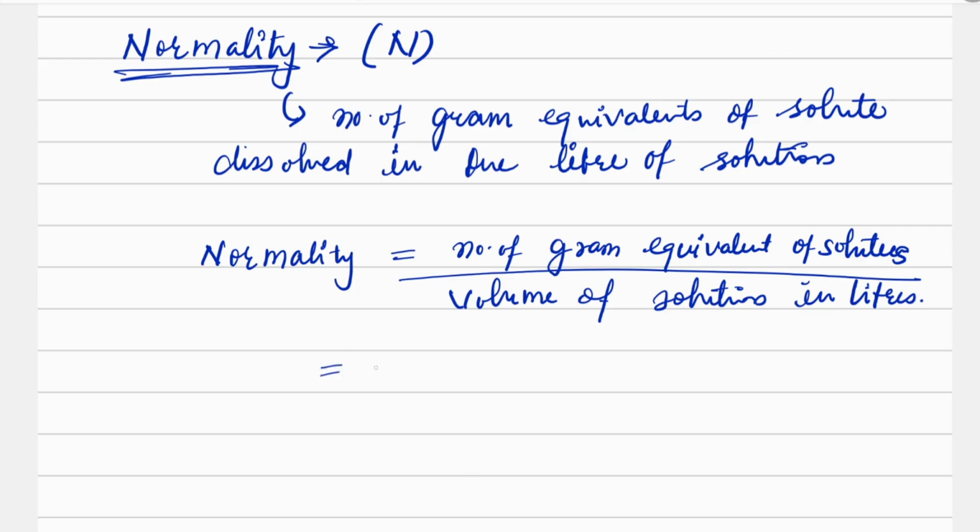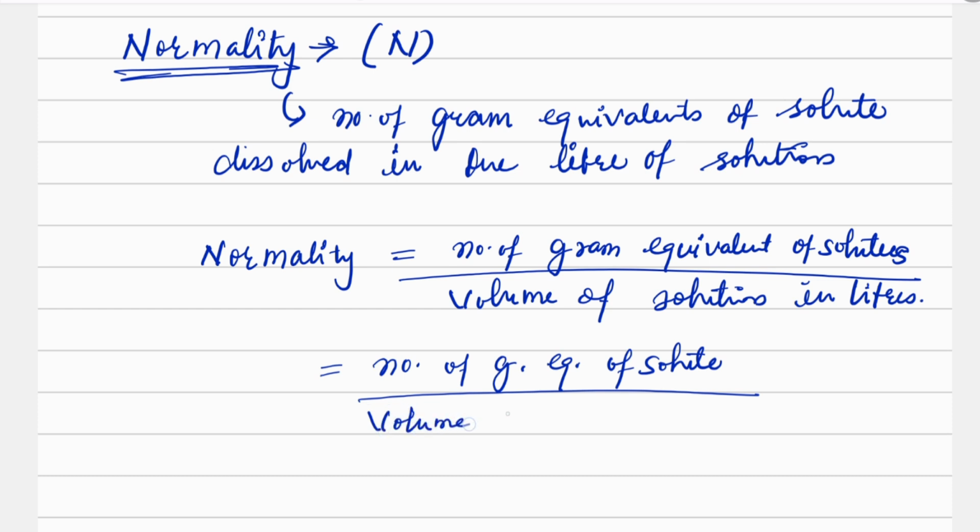Once again, it is equal to number of gram equivalents of solute divided by volume of solution in milliliters. Suppose the volume is taken in milliliters, then it should be multiplied by 1000.